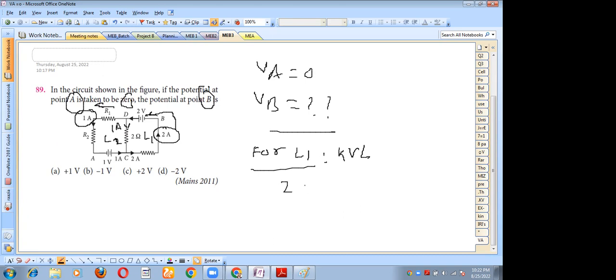So we can write 2 minus 1 into 2, minus 2, and here this resistance we don't know, right? In the question this resistance has not been given, and R1 and R2 are also not given.